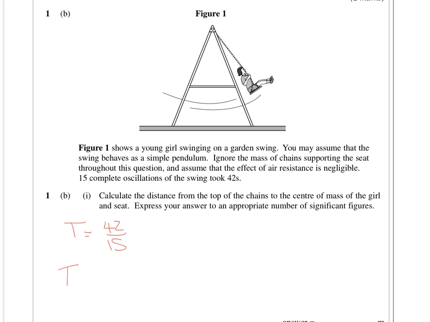And we know that the time period is 2 pi root L over g, which means that L is going to be T over 2 pi, squared, times g. So let's substitute the numbers that we have there.